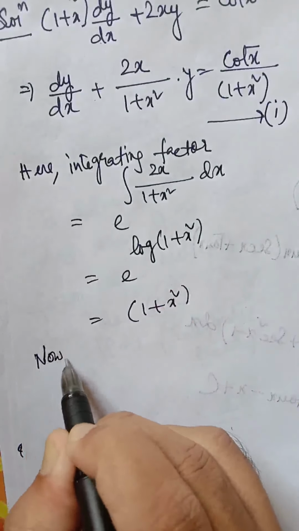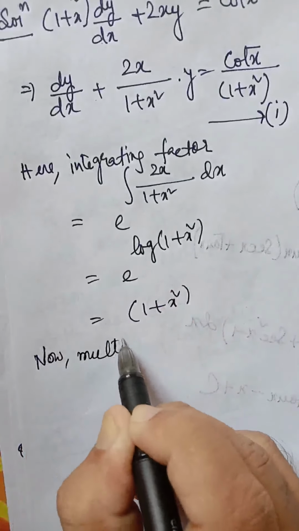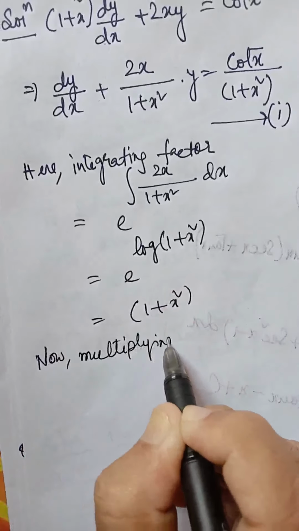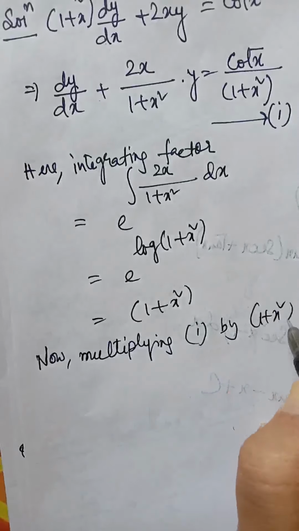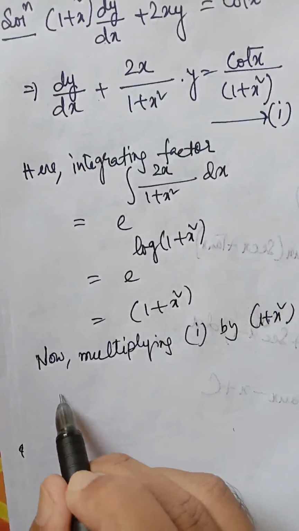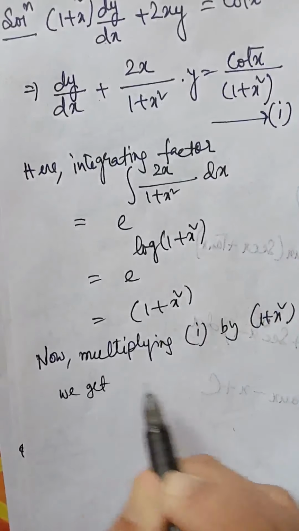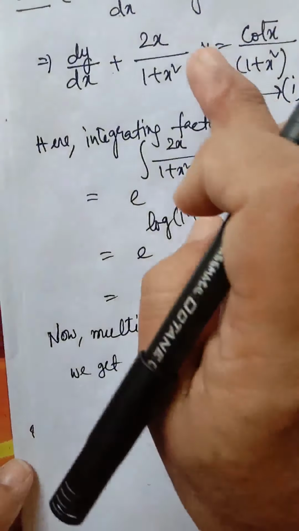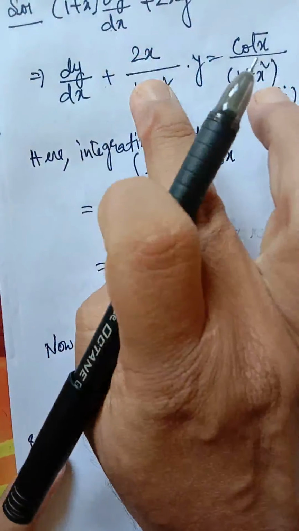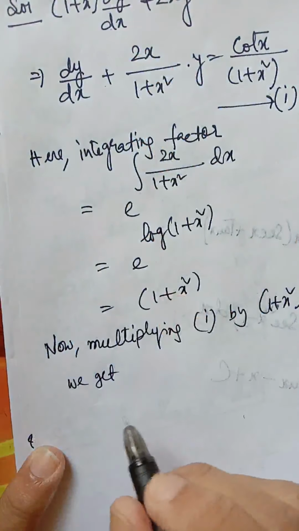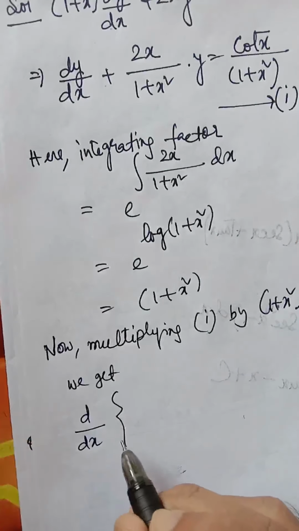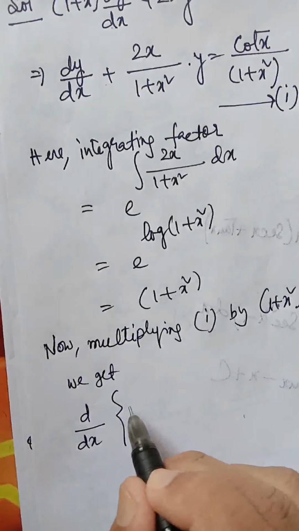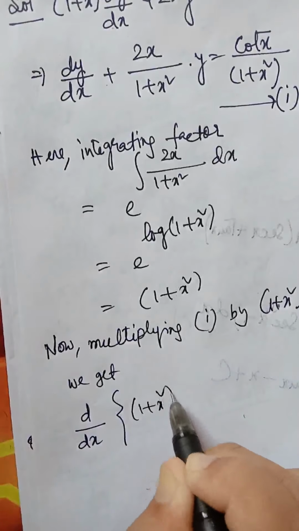Now multiplying 1 by 1 plus x square, multiplying this by this, we get, if we multiply the differential equation by the integrating factor, we know what it will become. It will become d/dx of the integrating factor, that is (1 plus x square) into y.